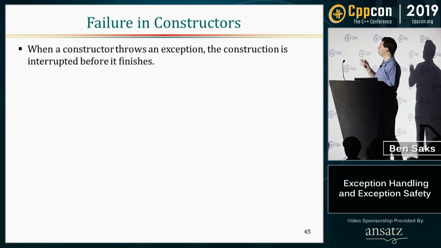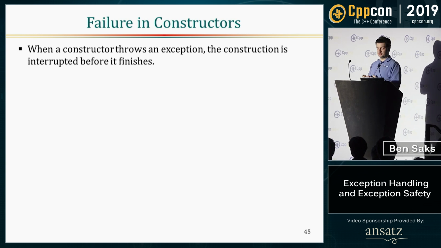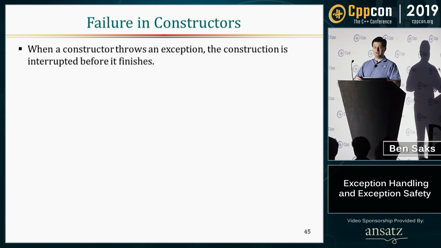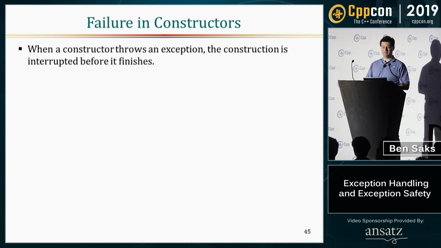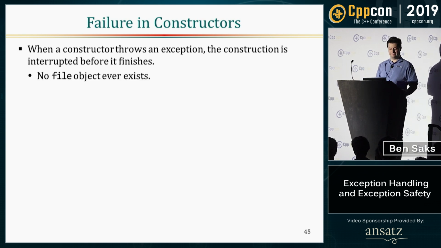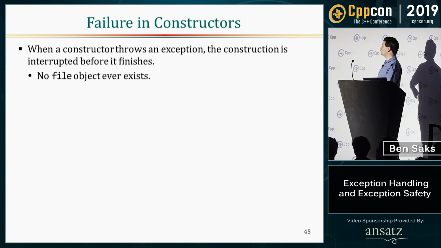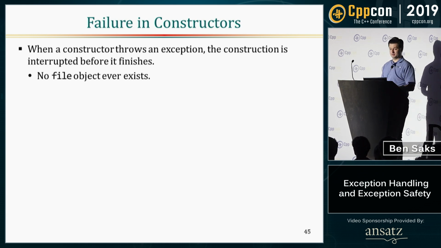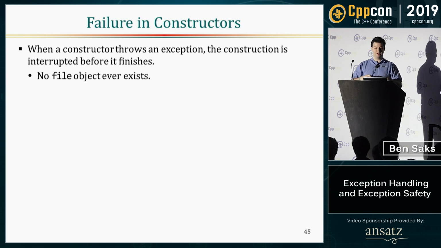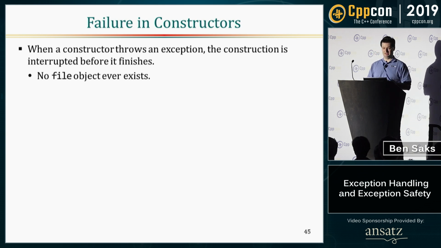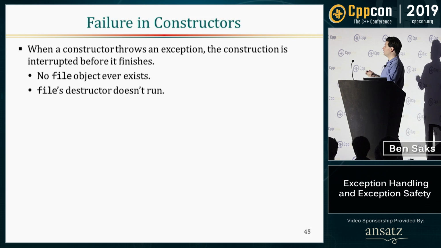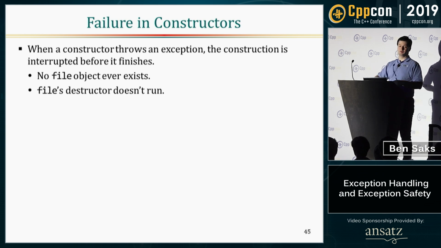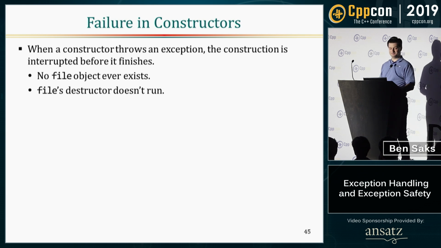Now, if a constructor throws an exception, we think of the construction of the object as having been interrupted before it could finish. So we never actually create a file object anywhere. We stop before a file object actually comes into existence. So the destructor for file doesn't run in this case. We never finished building it, so we don't tear it down.